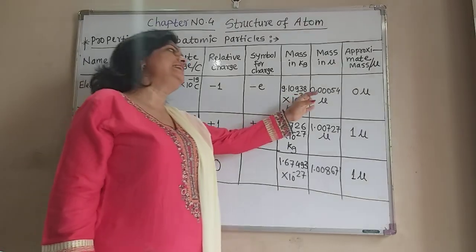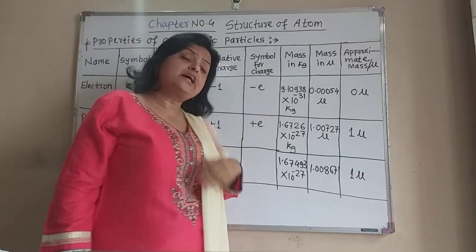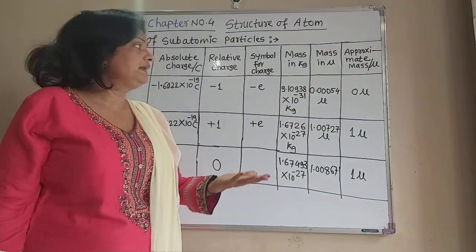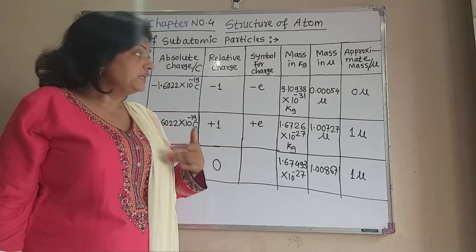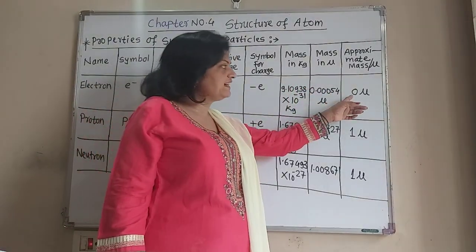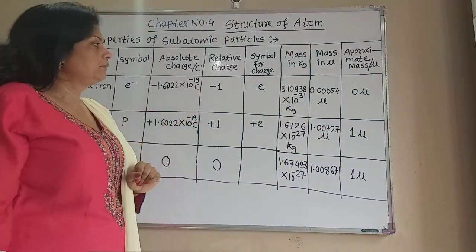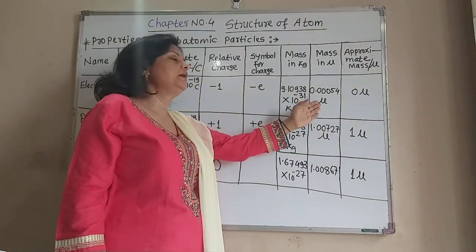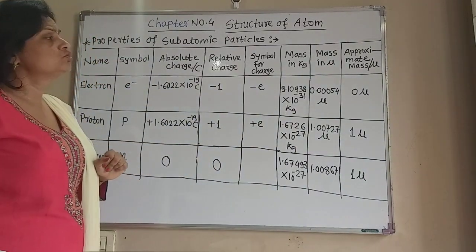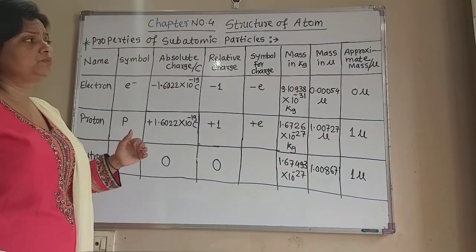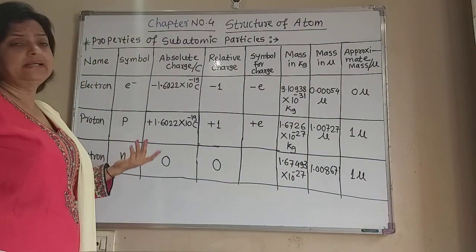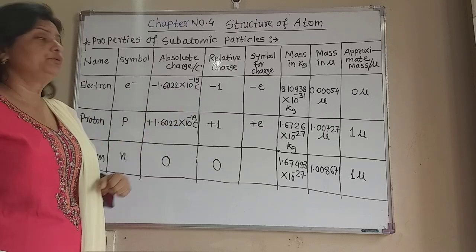This is very negligible, so for convenience the mass of the electron in unified unit is approximately taken as 0 U, that is 0 unified unit. So we always take the mass of the electron as approximately 0 unified units.